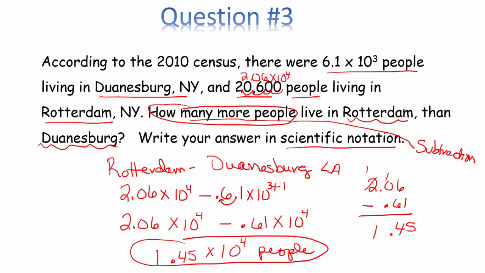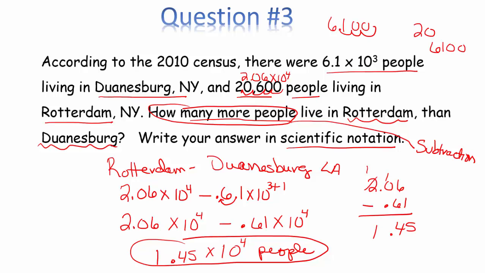On this one, when you're talking about people, it might be better to deal with this in standard form, although they want our answer in scientific notation, so I worked it out in scientific notation first. So this right here, 6.1 times 10 to the third, 1, 2, 3 places, fill in 2 zeros, so that's 6,100 people live in Duanesburg.